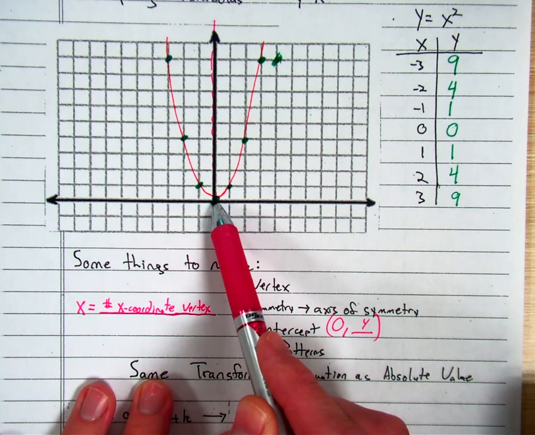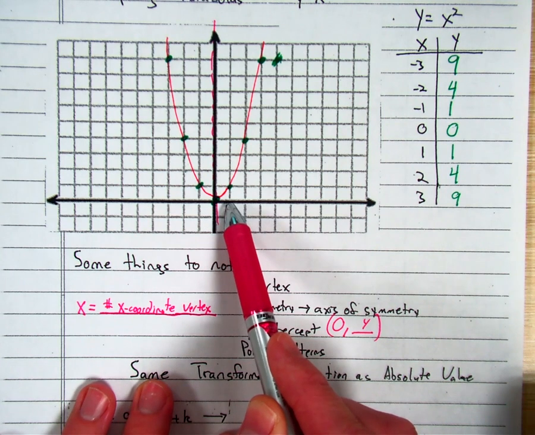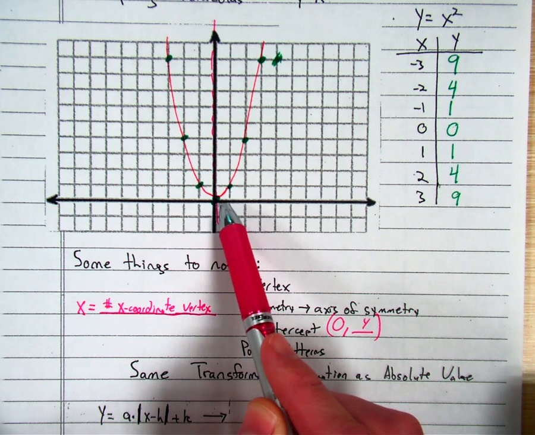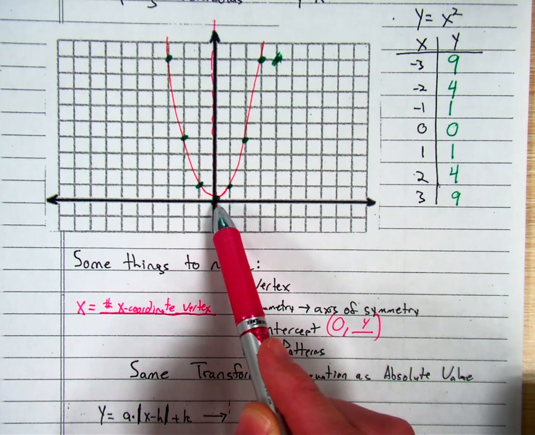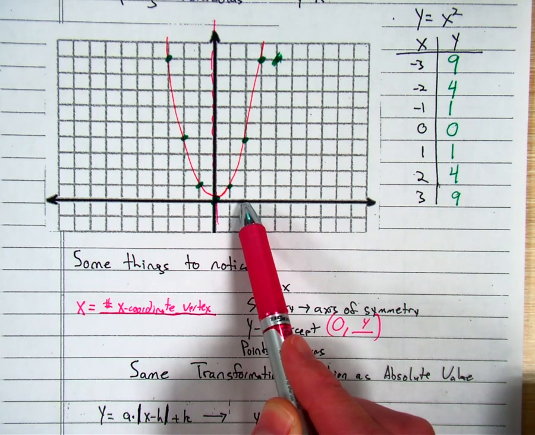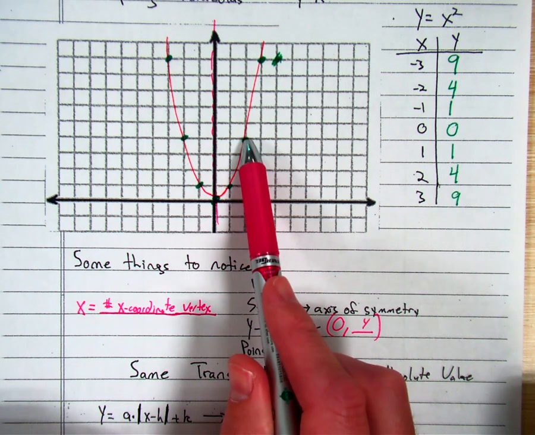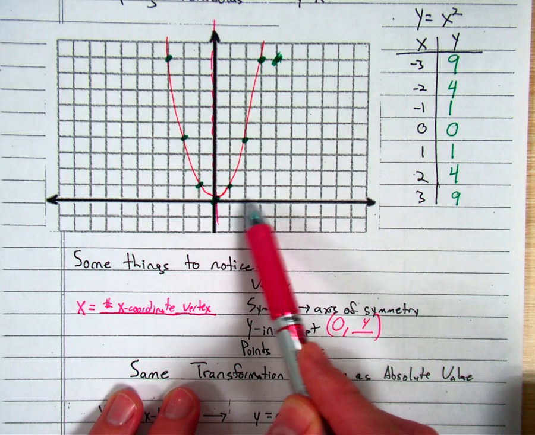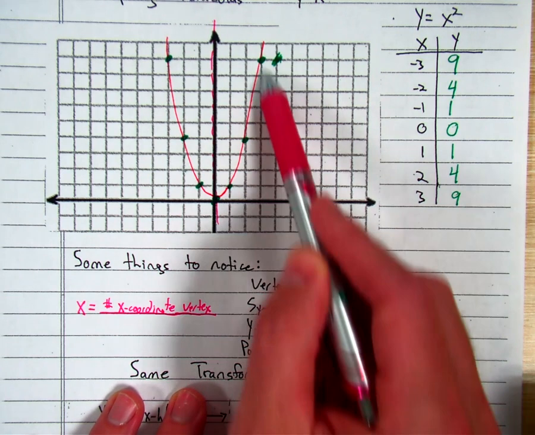Over 1 from your vertex, you would square 1 and go up 1. Over 2 spots from your vertex, wherever it is, square it: 2 squared is up 4. And if you go out 3 spots from your vertex, 3 squared is up 9.